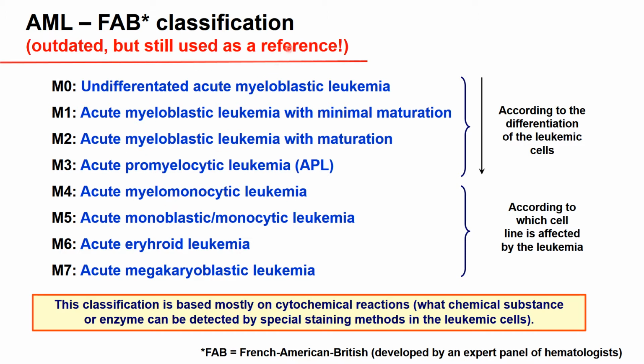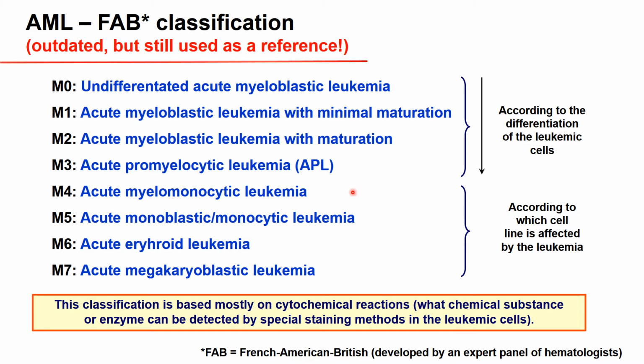And another thing, before you can do the genetic evaluation of the cell type, you have to start treating the patient. This FAB classification, the French, American, British classification, is based on the morphological changes of the cells plus the type of the cells we have.